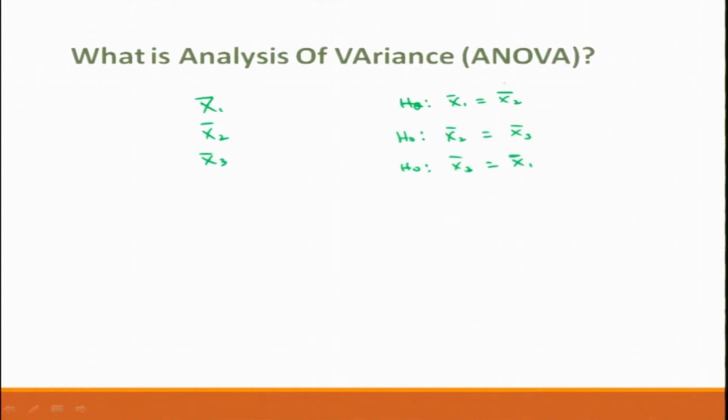So, all these three means are compared individually, and if I say I have 95% confidence level here, 95% confidence level here and 95% confidence level here, the overall population confidence level would be compounded.